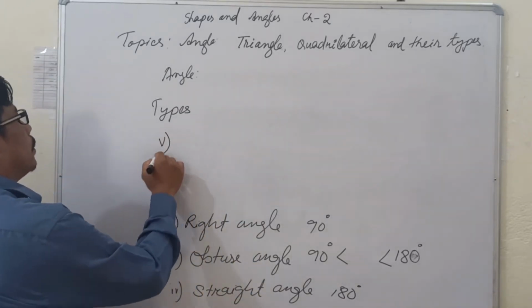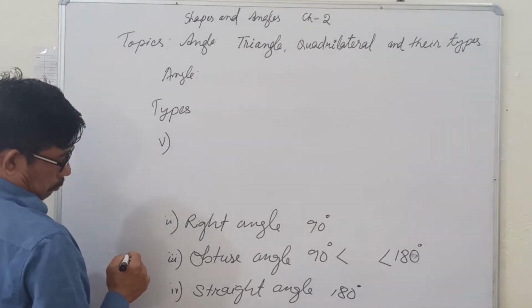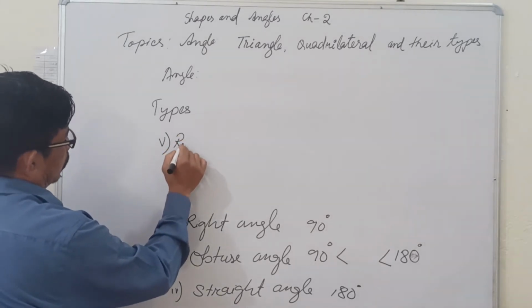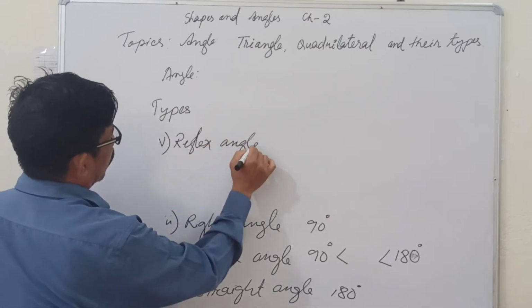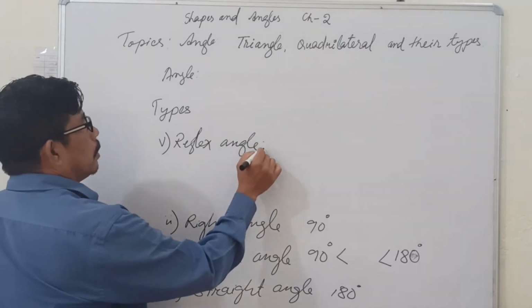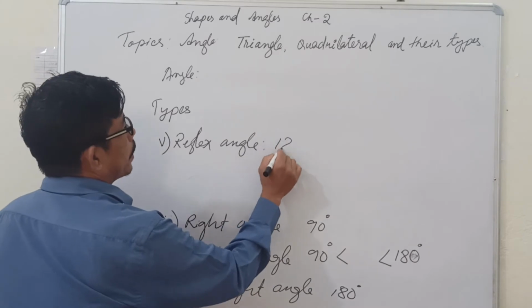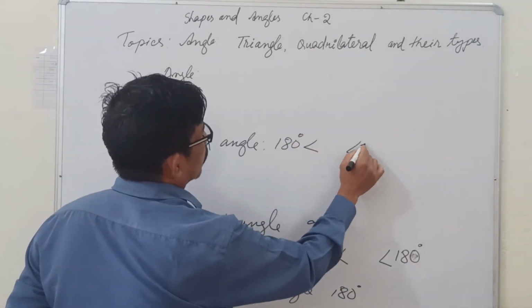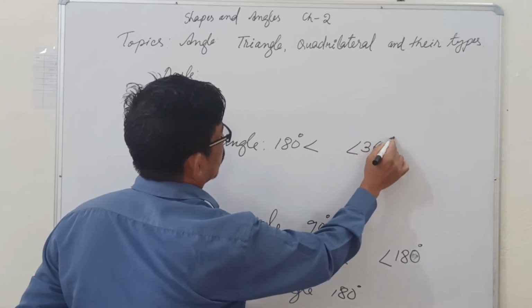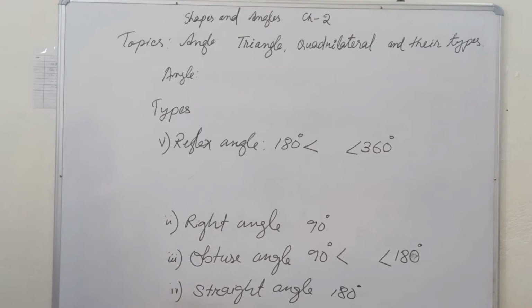Next type. Reflex angle. The angle whose measure is more than 180 degrees but less than 360 degrees is known as a reflex angle.